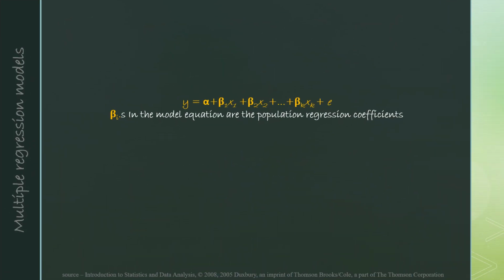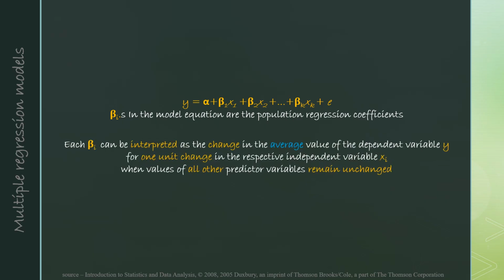Beta i's in the model equation are the population regression coefficients, wherein each beta i can be interpreted as the change in the average value of the dependent variable y in the population for 1 unit change in the respective independent variable xi when values of all other predictor variables remain unchanged.